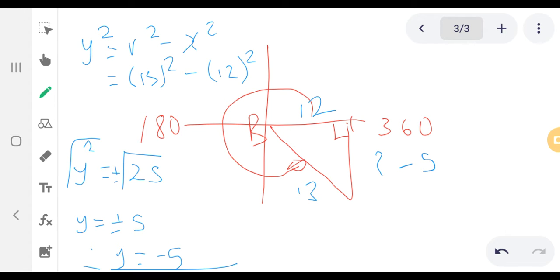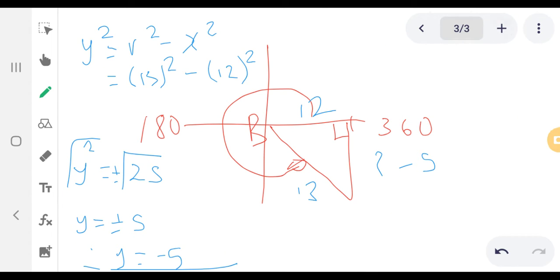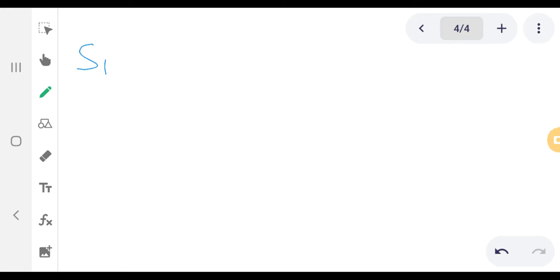Now, if we look at the following question, it says let's determine the sine of alpha minus beta. Write that down. So they say we should determine the sine of alpha minus beta.